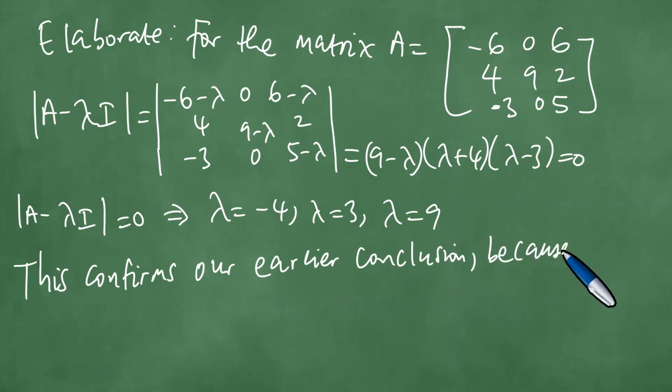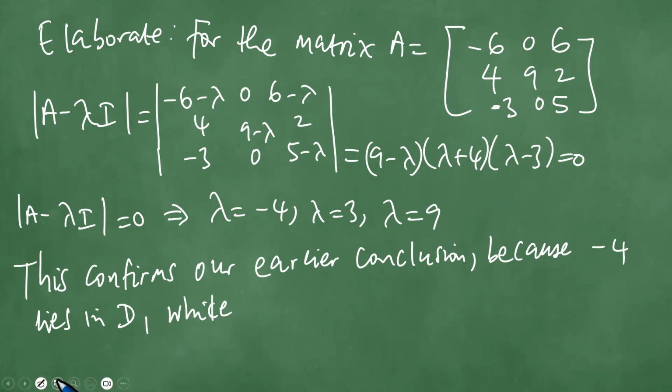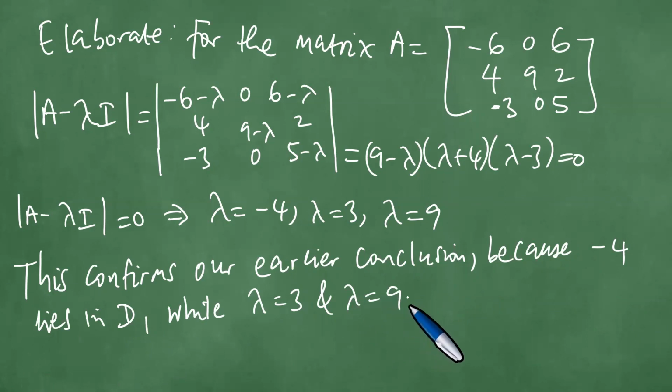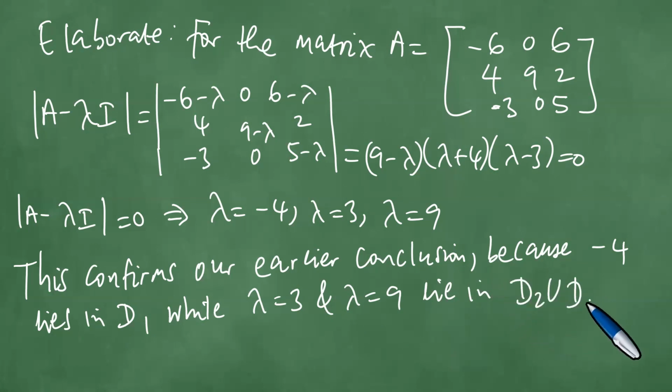Because minus 4 lies in disk 1, while, okay, we're concluding, please, while lambda equals 3 and lambda equals 9, the other eigenvalues lie in D2 union D3.